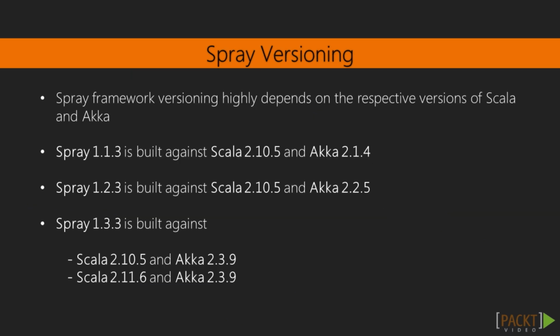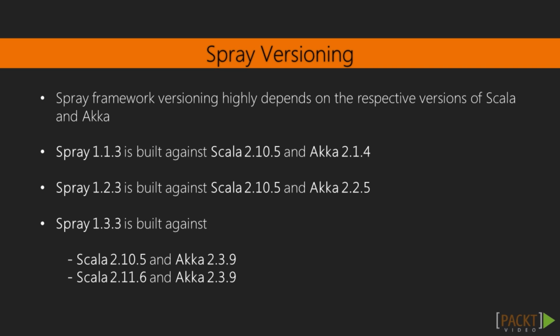In this video and along the previous two sections, we have talked a lot about Scala, Akka and Spray. However, we have never brought up the realities of building any kind of applications using the Scala programming language and the ecosystem of its libraries. To put it in context, as the Scala programming language evolves, new features are added to the language, along with old ones being deprecated or removed.